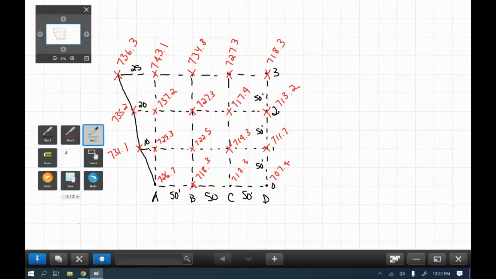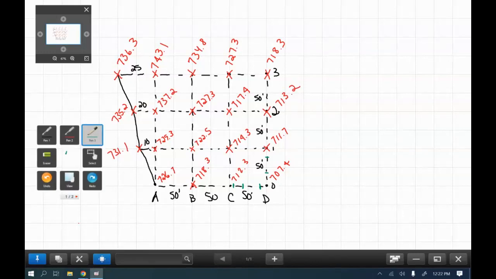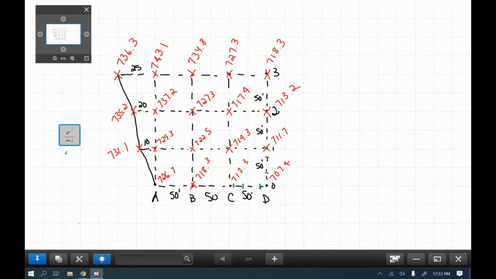I know we have a 708 and a 710, and that we're going to fall in between there. Do you agree with that? Yes. And then on this one, I have a 708, a 710, and a 712, because the red X is where the elevation actually was.